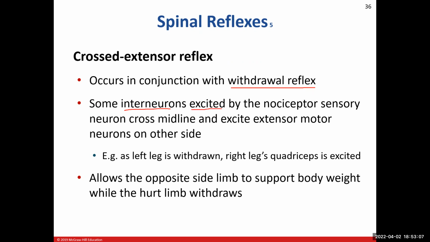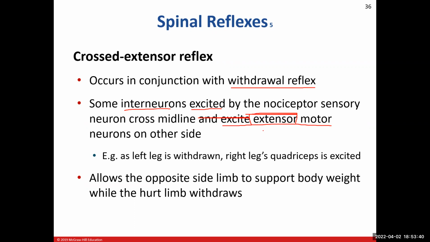That interneuron is going to cross over the midline, from one side of the spinal cord to the other, and it is going to excite the extensor muscle group on the other side of your body, in your other leg. So the quadriceps femoris muscle group, in this case, will be activated.